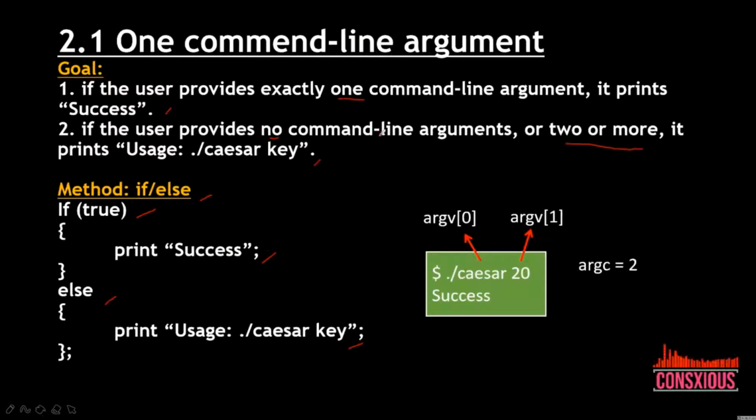So how do we determine that the user provides exactly one command line argument? We can count the vector using the index. This is 0, this is always 0. This is 1. So for example, if there's more here, it's not what we want. If there's no index 1, that is also not what we want. We want exactly one command line argument. So this is a hint here.